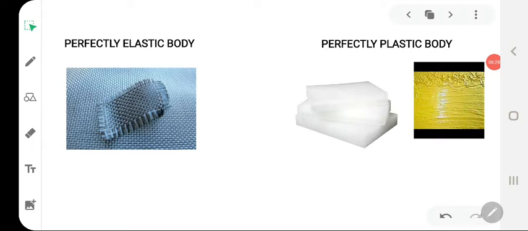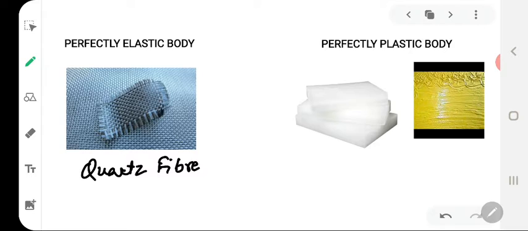Perfectly elastic body. Those bodies which regain their original configuration immediately and completely after the removal of deforming force are called perfectly elastic bodies. The nearest approach to a perfectly elastic body is quartz fiber. So, what is a perfectly plastic body?